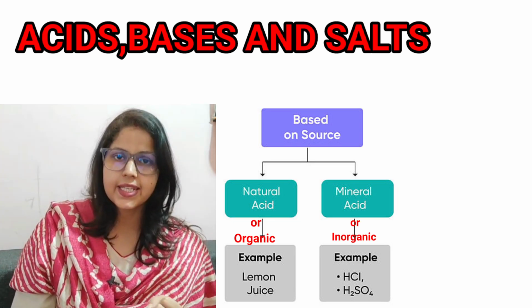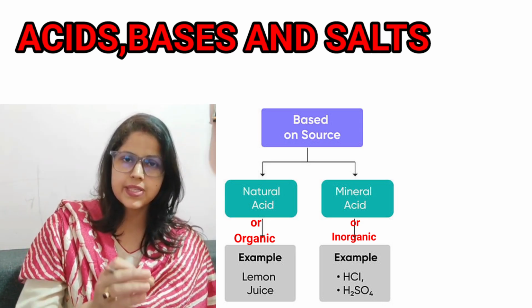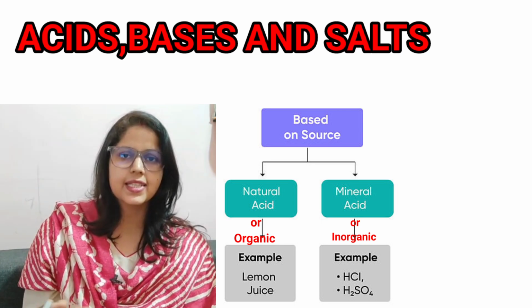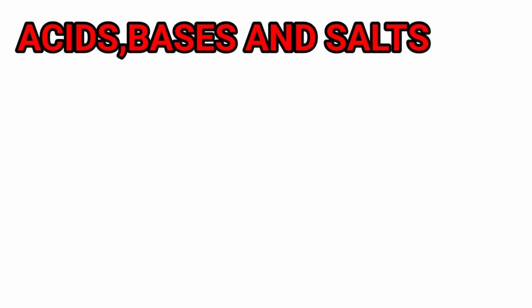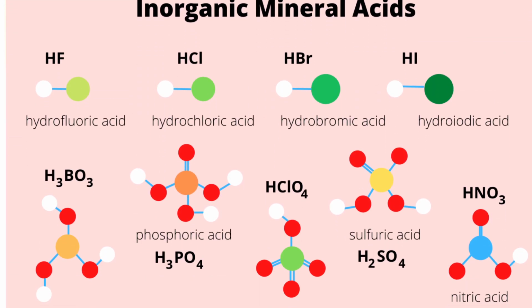Organic acids are acids that occur naturally, and acids that are derived from inorganic sources are called mineral acids. We use many mineral acids in the laboratory, like sulfuric acid, hydrochloric acid and nitric acid.